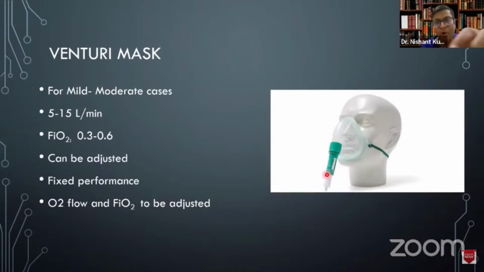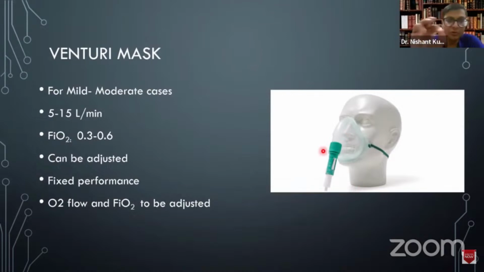The amount of closure will decide how much external air is entrained, and you have to adjust the flow of the oxygen also. So with this, you can use a titrated therapy.